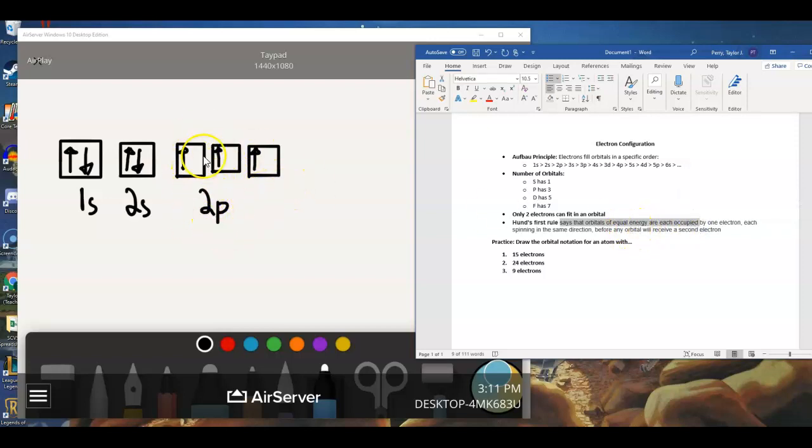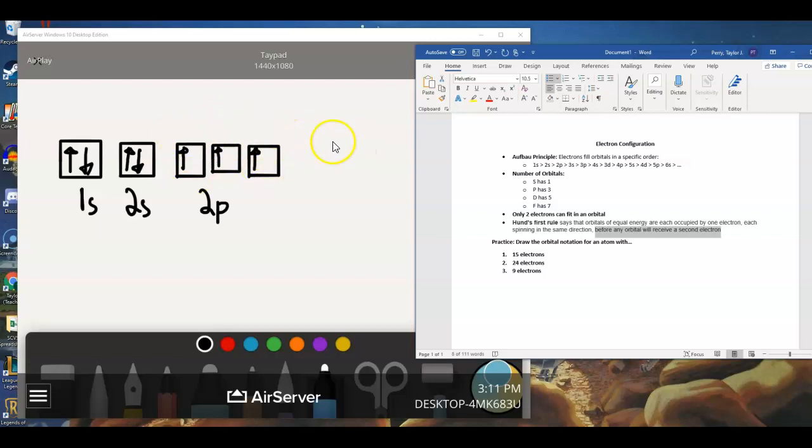Because they're the 2p. These 3 orbitals are all 2p orbitals. So since they're the same orbital type, we have to have them spinning in the same direction before we get a second electron. Before each of these boxes gets a second electron, all 3 of them have to be filled with 1. So it has to go 1, 2, 3 before you can go 4, 5, 6.